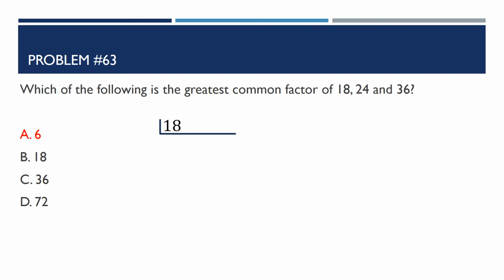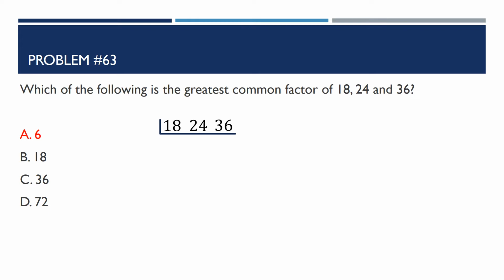So we're going to put 18, 24, and 36. The procedure is somewhat similar to the least common multiple. It's just that you need to find a number that can divide all three, unlike the least common multiple, where not necessarily all three, but at least two. But here in GCF, or greatest common factor, it must be all three.